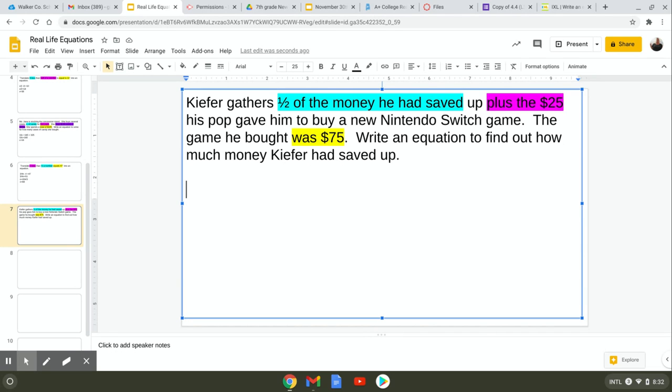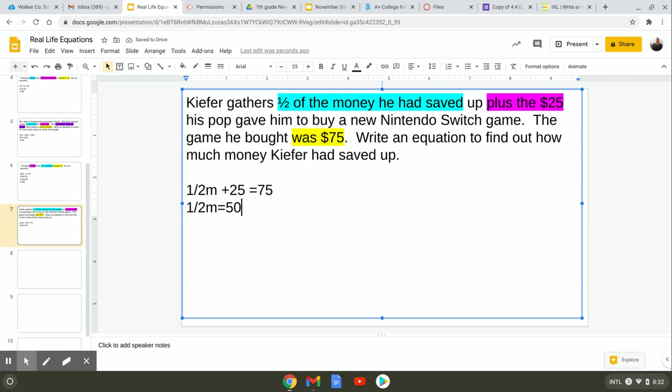So we would write this as 1/2. Let's use m for our variable this time. Plus 25 is equal to 75. So the first thing we would do is subtract 25 from both sides, and that would leave us with 1/2 m is equal to 50.